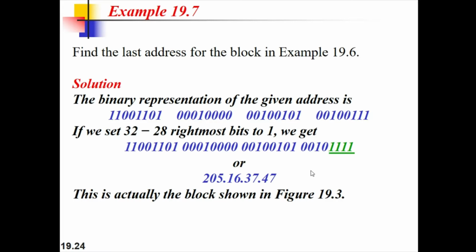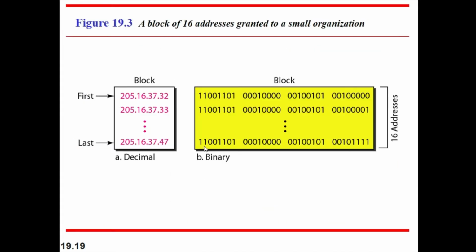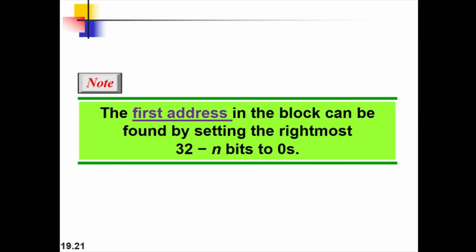Then change back to decimal, and you will get 205.16.37.47. So this is the last IP address, and you can check it against the block of addresses. The first address is 32 and the last address is 47. So this is how you can find the first IP address and the last IP address of the block of addresses.